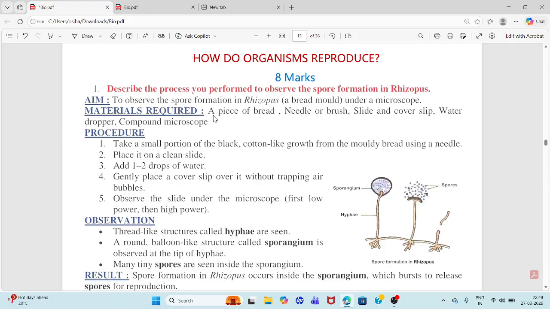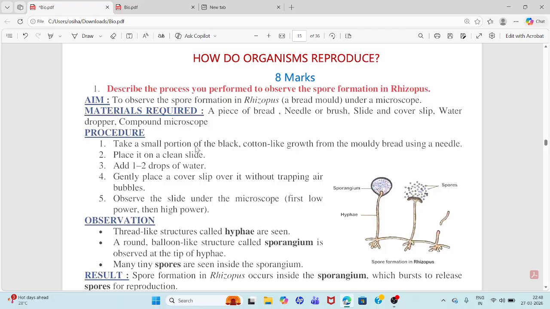Material required. What are the materials required? You can see here a piece of bread, needle or brush, slide and cover slip, water dropper, compound microscope. These are the required materials.